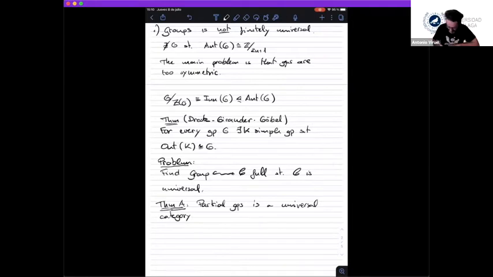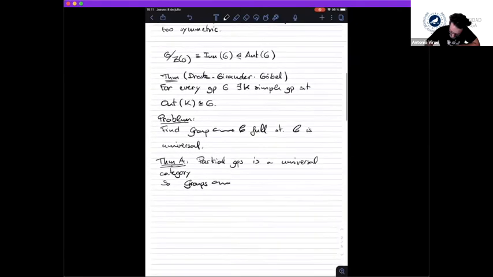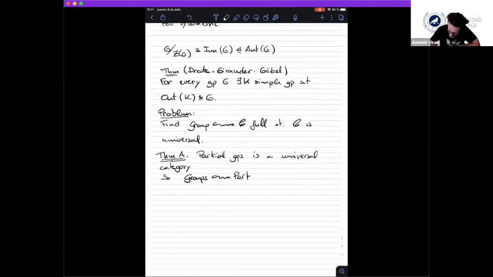And recall that we have groups inside partial groups, as a full subcategory, and Part is universal. So this is the version of the theorem we are going to prove today.